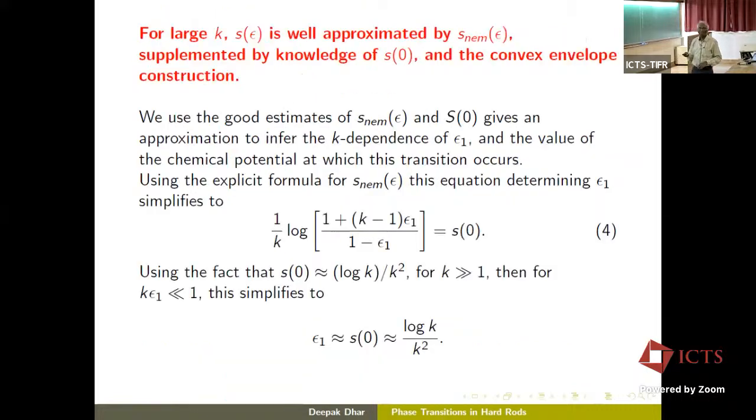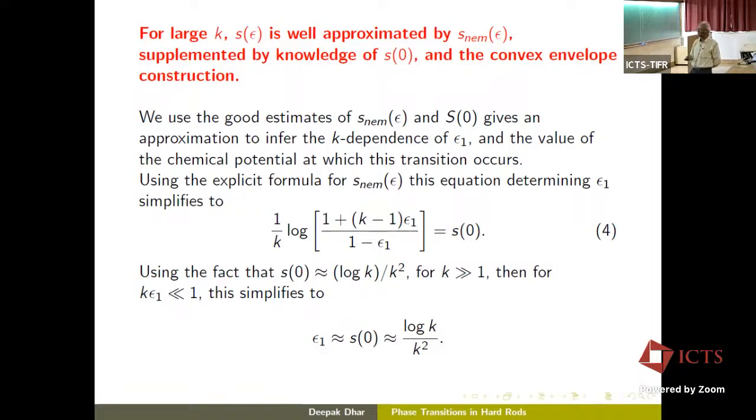Okay. So since S nematic epsilon is very good and S0 is very good, we can estimate epsilon 1 to reliable accuracy. And you can just check with a little bit of algebra that epsilon 1 is also log k by k squared. Okay, so it's pretty big, which is comfortable for me because I didn't want epsilon 1 to be very small, there was a problem.